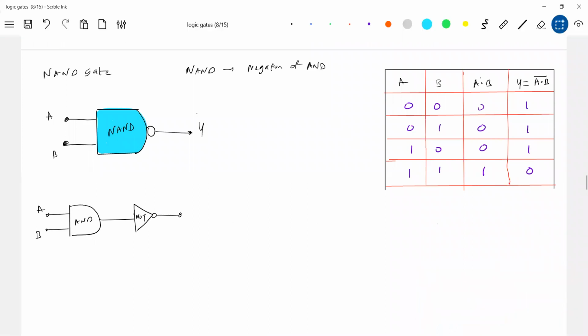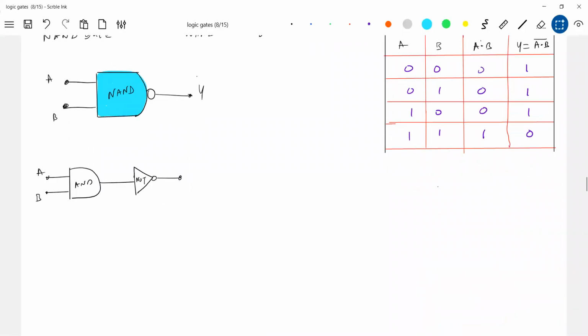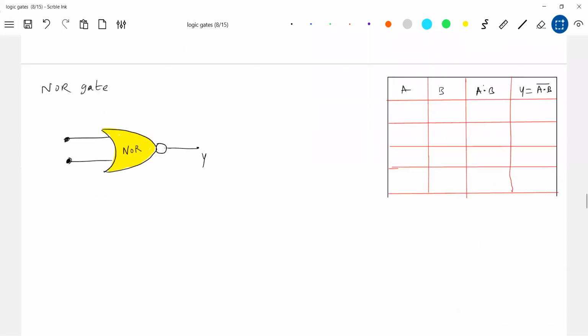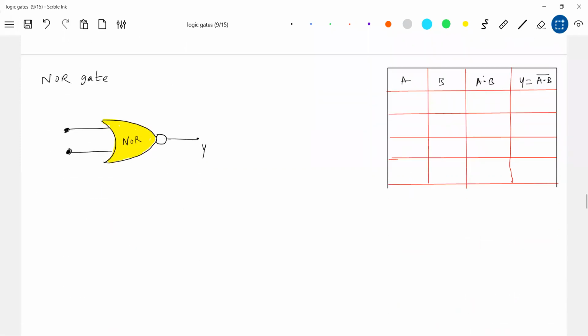Okay, from the basic gates we have constructed the NAND gate. Similarly, we have a NOR gate. Now, what is a NOR gate? Negation of OR. The logics are 0 0, 0 1, 1 0, 1 1.